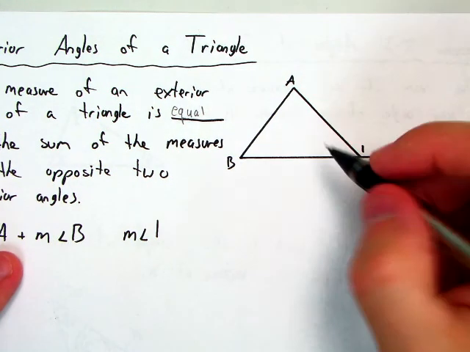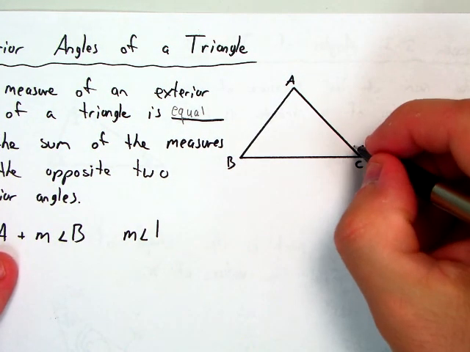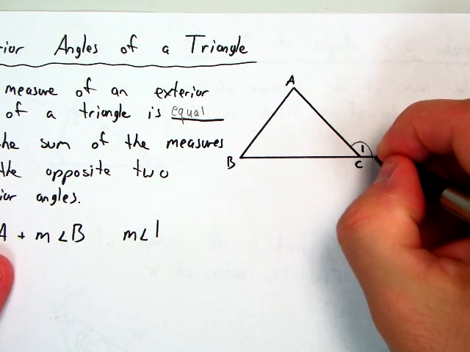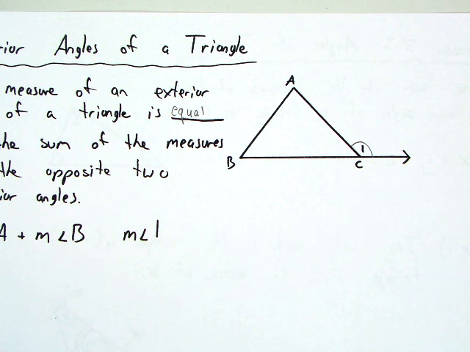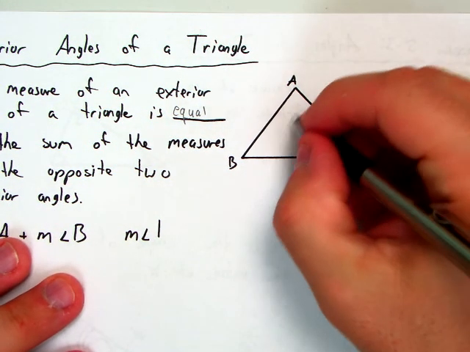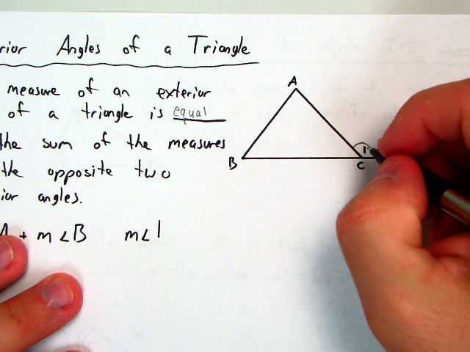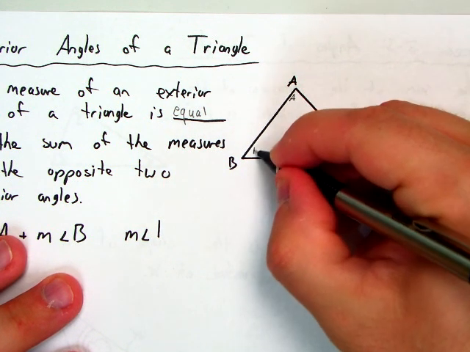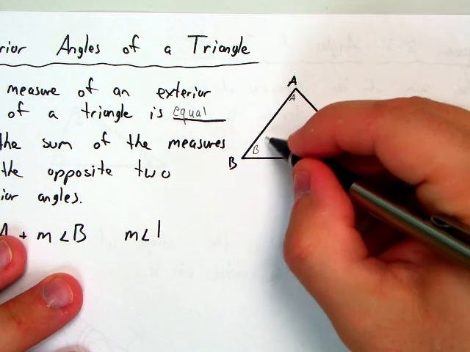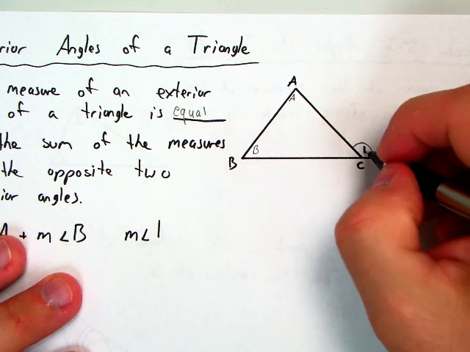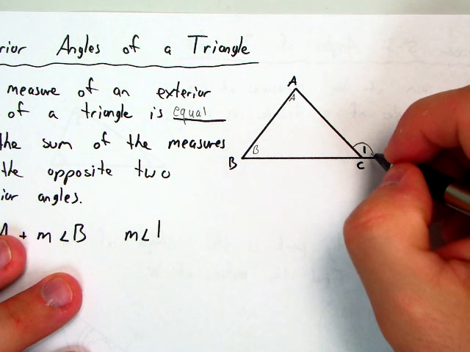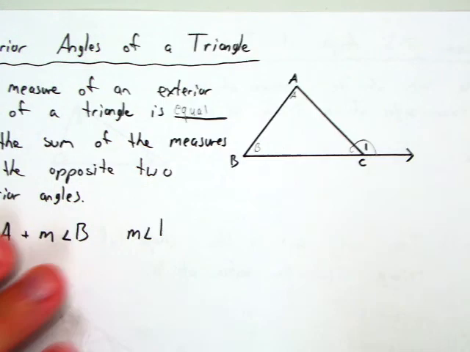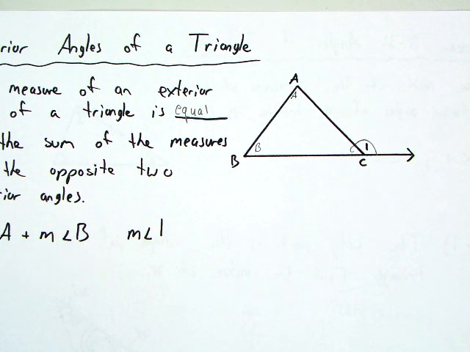Now, what that means is if we look at this figure here, angle 1 is an exterior angle because it's outside of the triangle. The angles that are opposite of this are going to be over here and over here, because neither of these two angles are adjacent to angle 1. The one that's adjacent to angle 1 is angle C here.